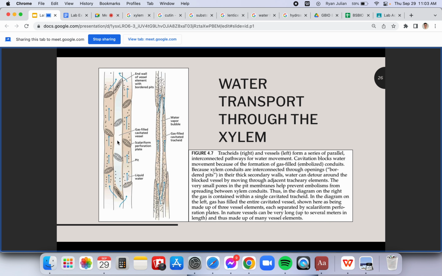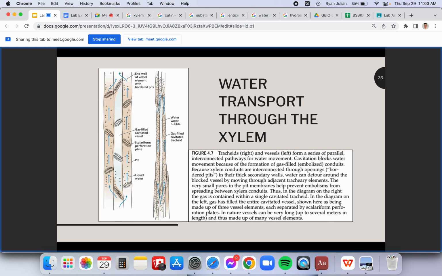Each is separated by scalariform perforation plates that are scattered everywhere. And these are the plates that I am talking about that generally block the entrance of the water. In nature, vessels can be very long or elongated in size, and having said that, they can be uniform as well, which means that they have the same size.